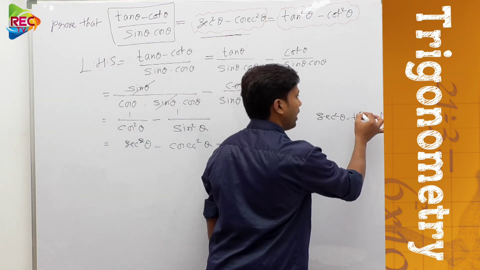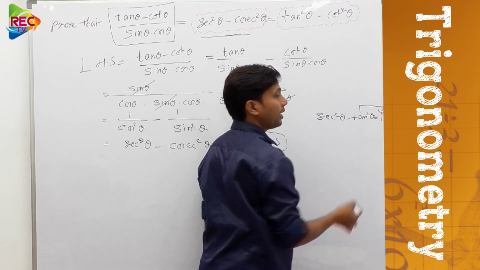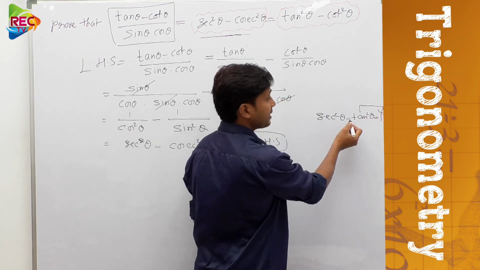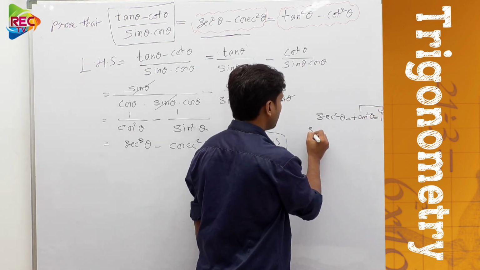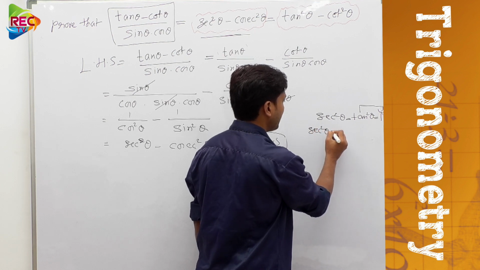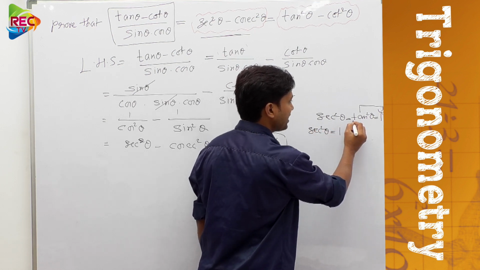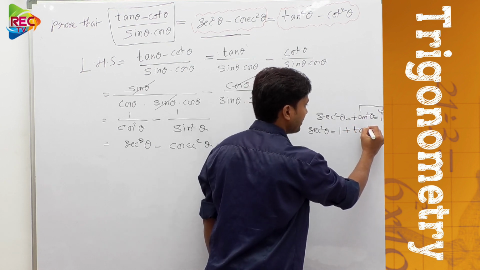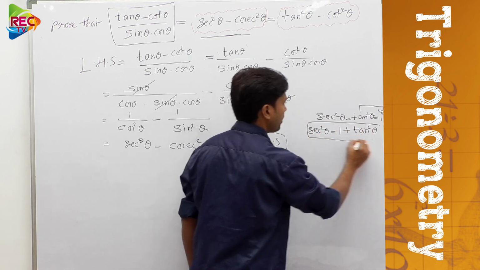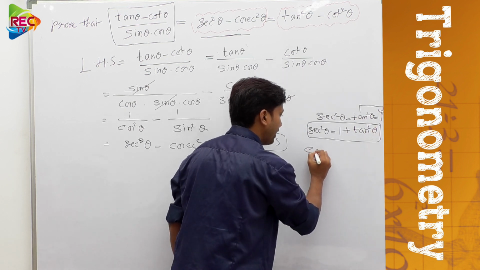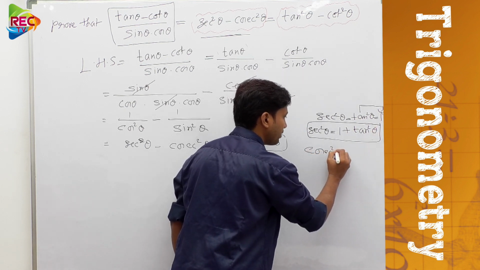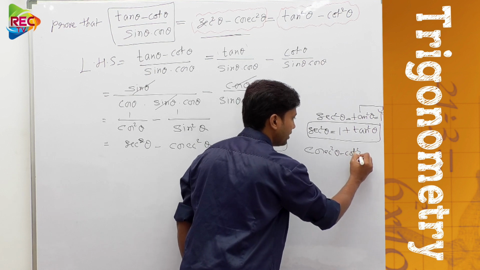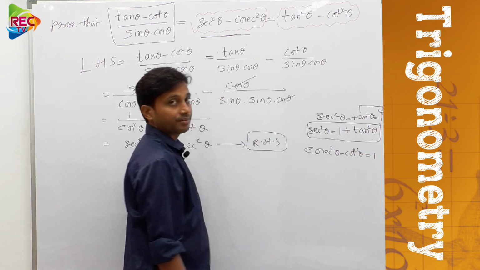Now send this tan square theta to another side of the equation, then the sign will be converted. Therefore secant square theta can be written as, here minus tan square theta becomes plus tan square theta on going that side. So this is one of the relations. Similarly, we have another identity also, cosecant square theta minus cot square theta equal to 1, right.